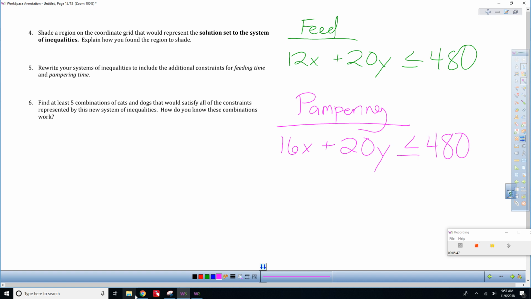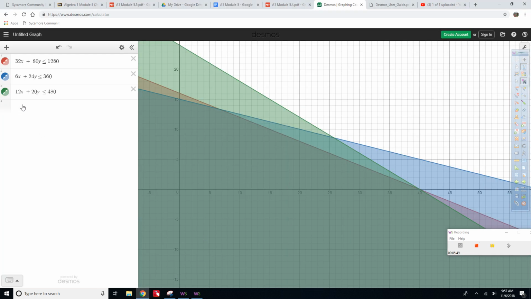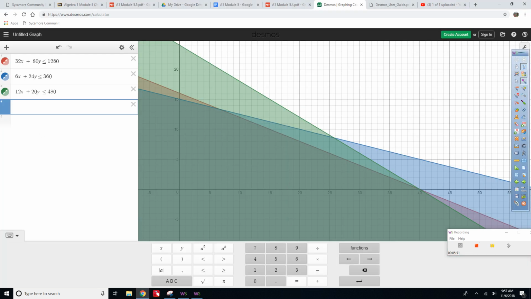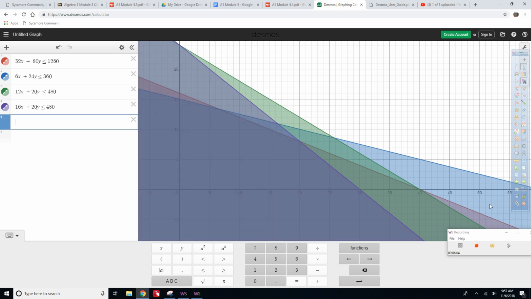So we go back to Desmos, add another equation, 16x plus 20y less than or equal to 480. So now you see we have 4 lines.